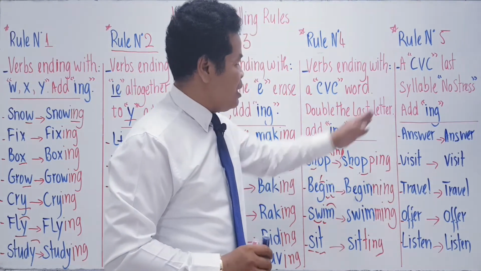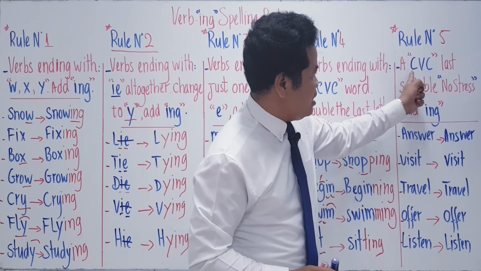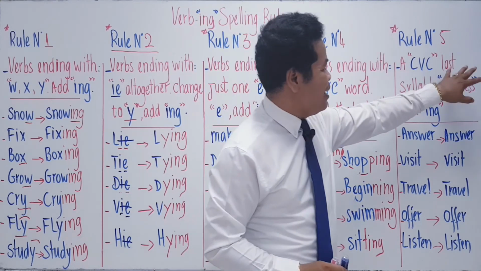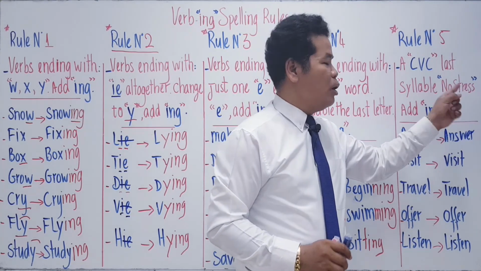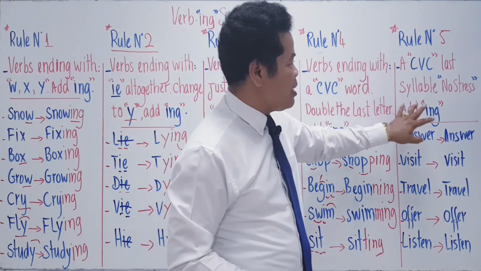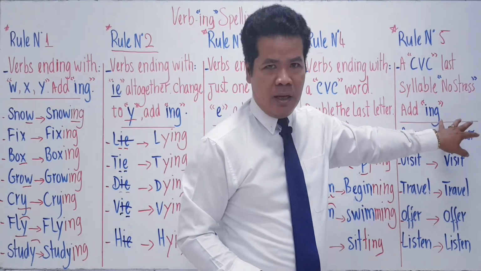And how about here? Ending with CVC, consonant, vowel, consonant, the same as rule number 4, but the last syllable has no stress. So you cannot double the last consonant, you just add ing.